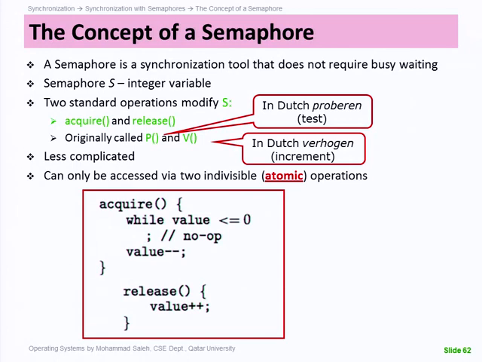However, later on you'll see other implementations of semaphore where you can increase or decrease this value by more than one. So it's an integer value, and we have the operations P and V. The origin is Dutch. However, the meaning of P is to test, and V is to increment.